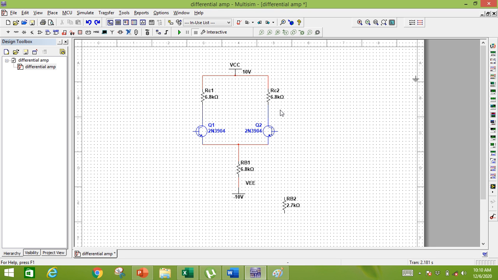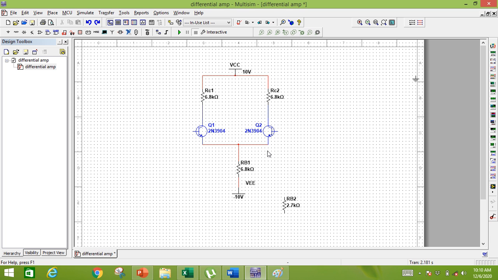Now, how can we determine the differential voltage gain? For the differential voltage gain, we have to apply the input signal at any one of the terminals while grounding the other input terminal.